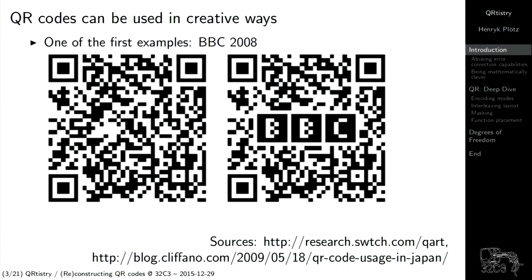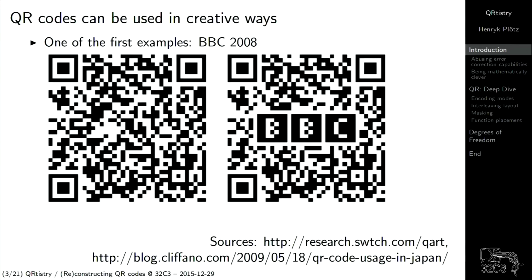That was 2008 for the BBC. It turns out that this isn't actually a very sophisticated mechanism. It only looks like this because the BBC letters on there are just overlaid. You could have drawn, I don't know, a pony or a unicorn in there, and from the barcode reader perspective, that would have been the same. Those look like they belong to the code, but they don't.